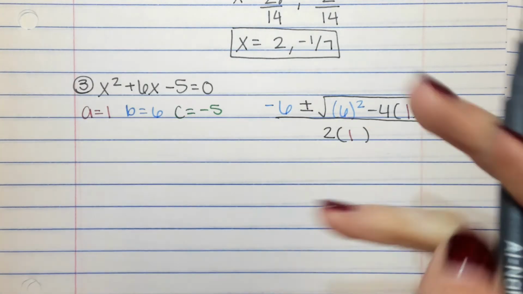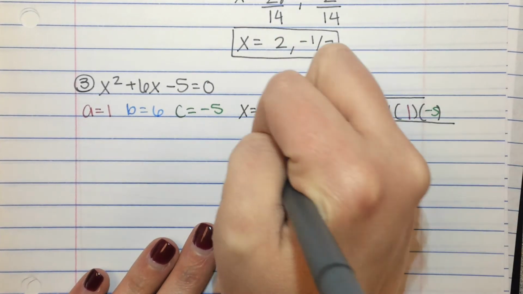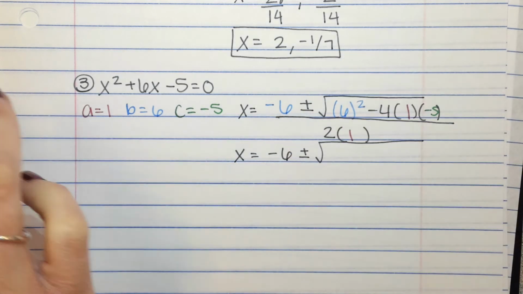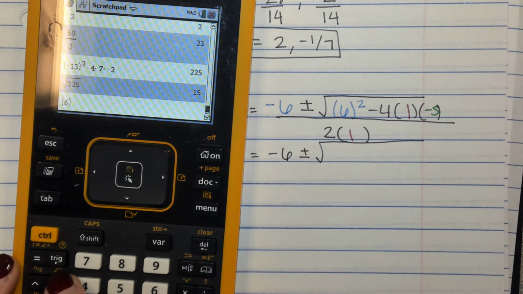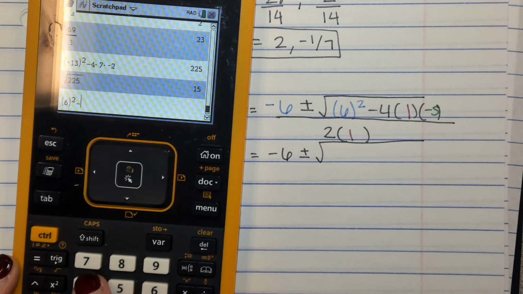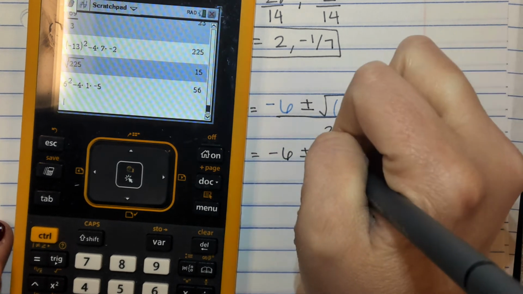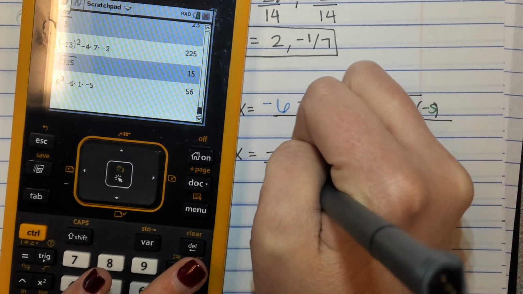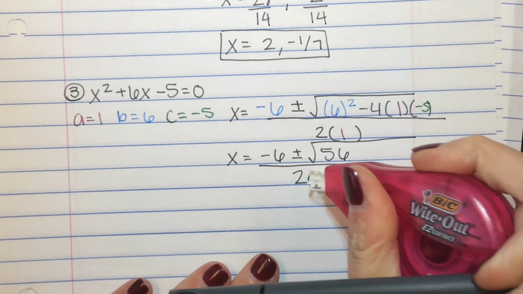Okay, so let's simplify, and I forgot the x again. So x equals negative 6 plus or minus the square root. Again, in your calculator, we can do 6 squared minus 4 times 1 times negative 5, and that gives us 56. So the square root of 56 all over 2, or not 2a, sorry, just 2 times 1 is 2.